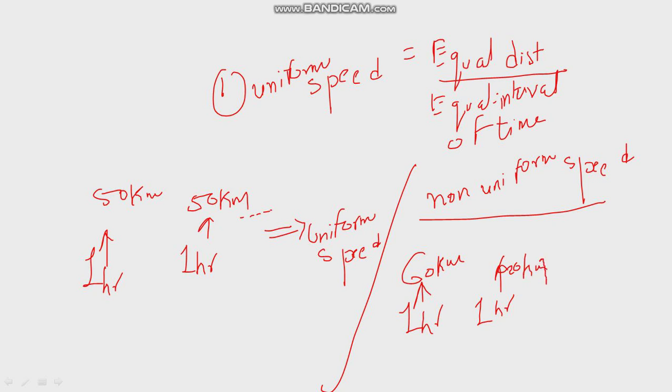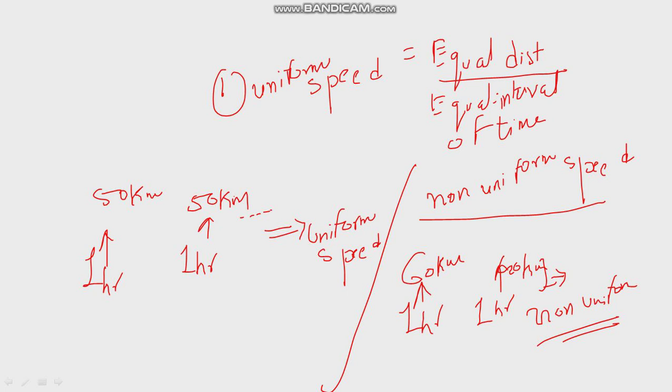So it is not consistent in traveling the distance, and this speed will be non-uniform speed. Equal distance in equal intervals of time is uniform speed, and different distances covered in equal intervals of time is non-uniform speed.